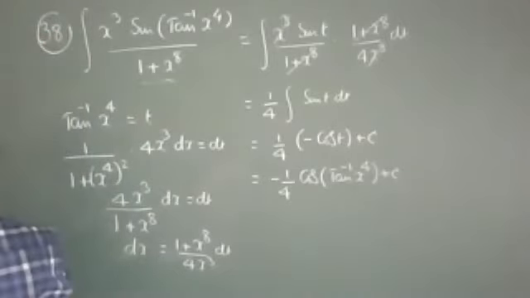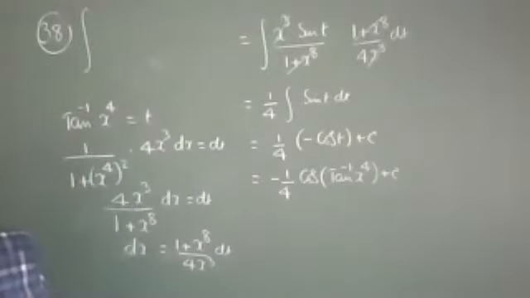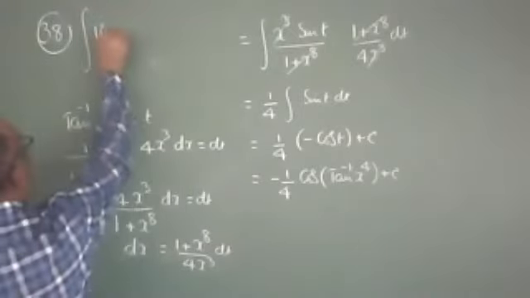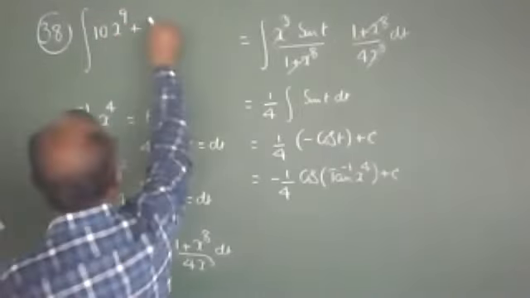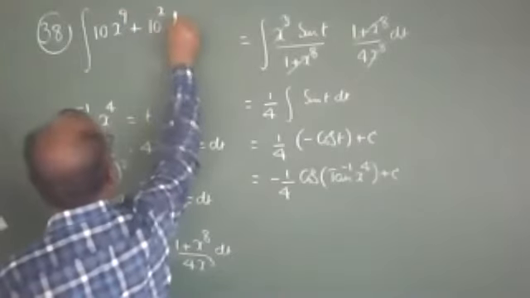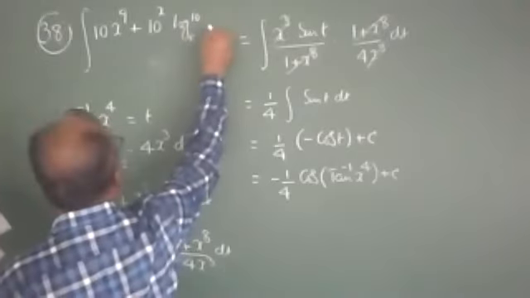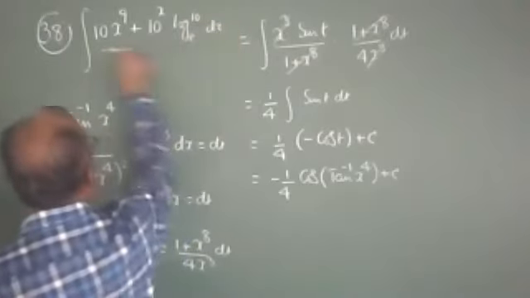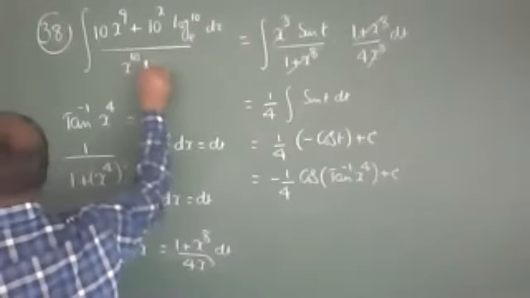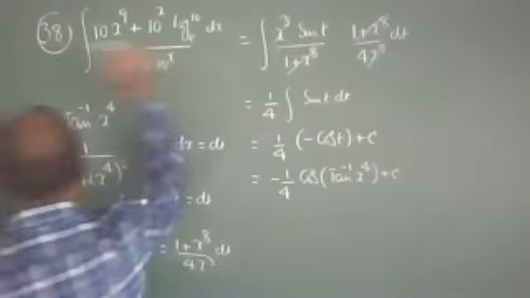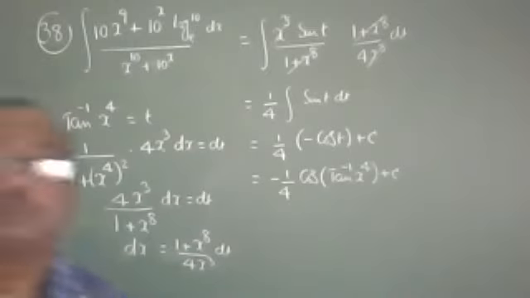Integral of 10x power of 9 plus 10 power of x log 10 base e into dx by denominator x power of 10 plus 10 power of x. This is the given problem. Everyone go through it.